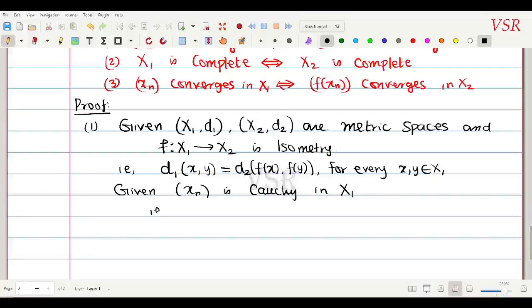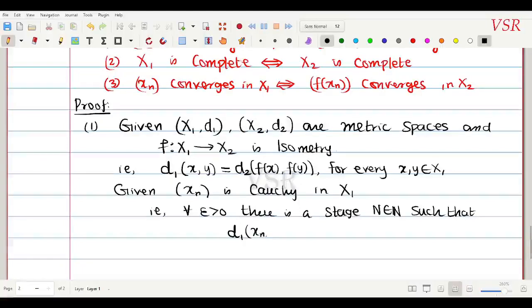That is, for every epsilon positive there is a stage n belongs to natural numbers such that distance d1 of xn, xm is less than epsilon for all n, m greater than or equal to N. But this is equal to d2 of f of xn, f of xm, correct? Because it is an isometry.